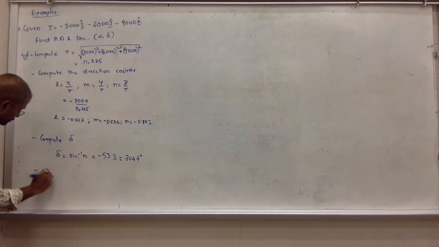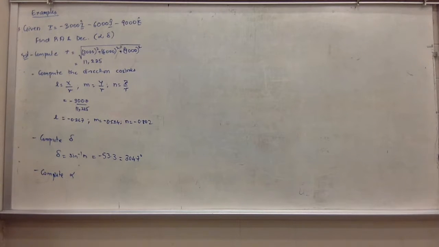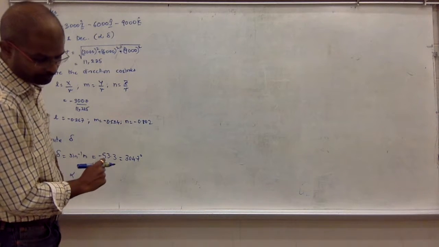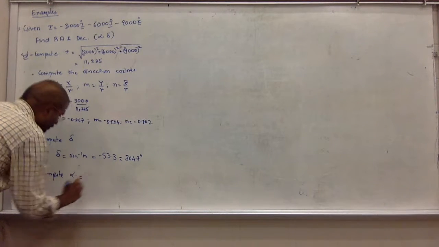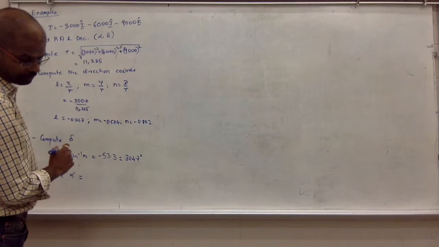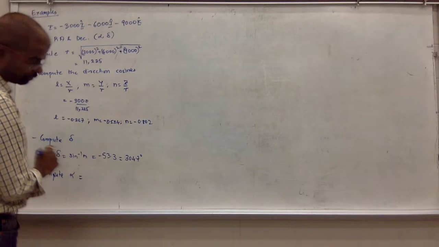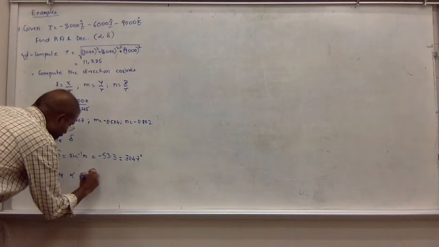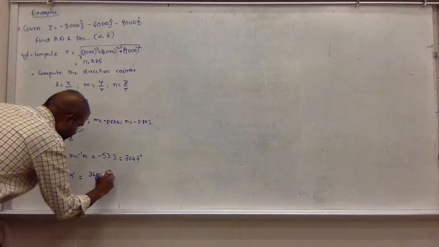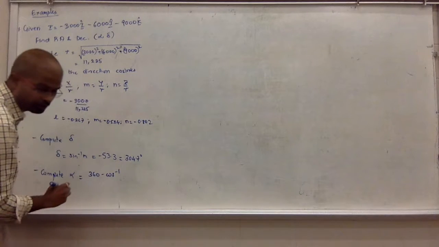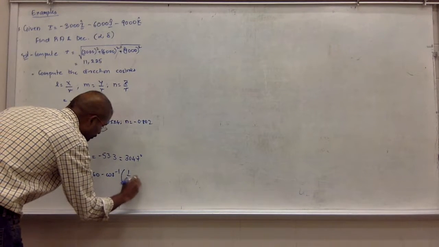And then finally, to compute alpha, here it is 360 minus cosine inverse of 1 over cosine delta.